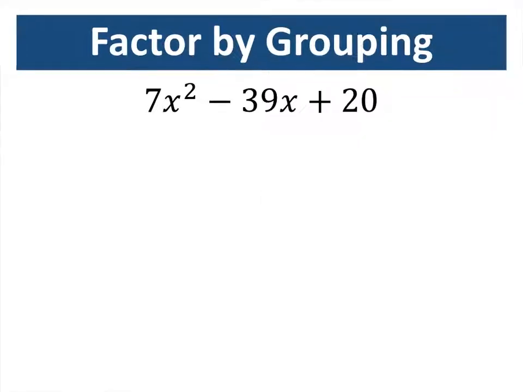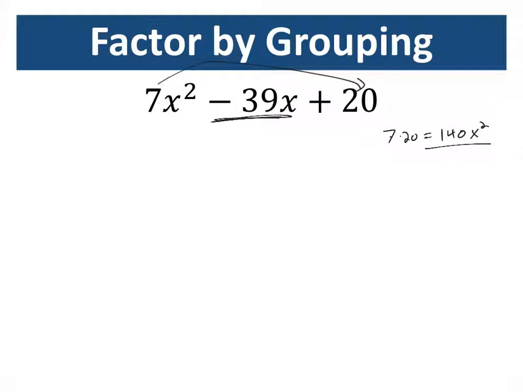One more factoring by grouping, so we'll actually do this. Remember last time we were looking for things that multiplied, 7 times 20 is the thing that's our diagonal. So we're looking for 7 times 20, which we found out was 140. We're thinking of things that multiply to 140x squared that also add to negative 39.